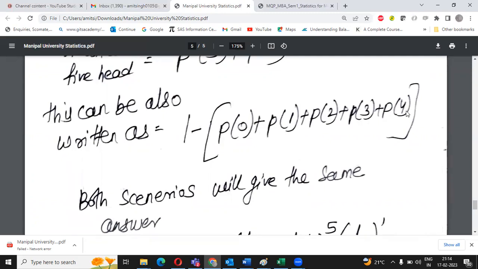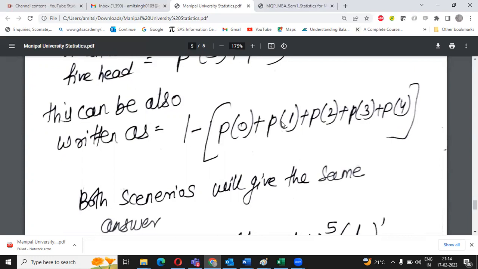What is the probability of getting 4 heads? 4 heads is equal to 2 heads, that is 6C4, which is equal to 6C2, equal to 15. So 15 by 64.